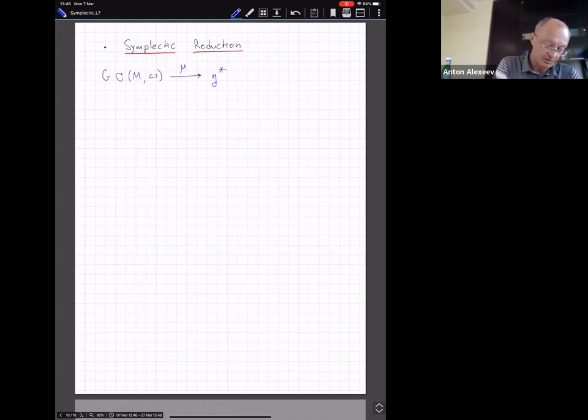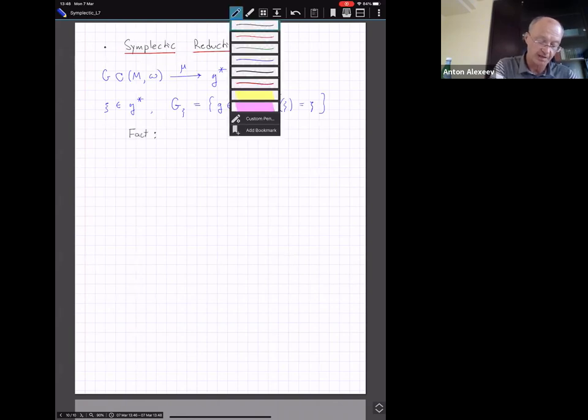We're choosing psi in G star, and the stabilizer of psi, G psi, consists of elements of G such that the coadjoint action doesn't move psi. Right? So that's the stabilizer. Maybe a fact, we're probably going to return to this fact later on for more details.